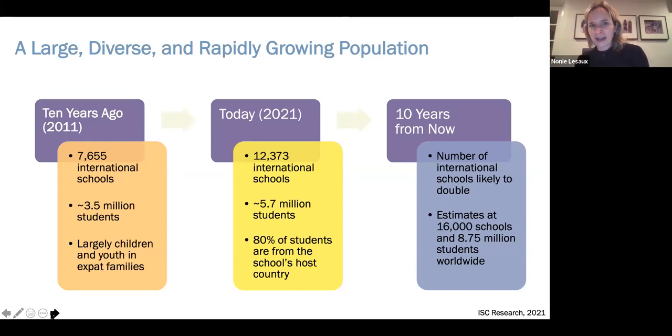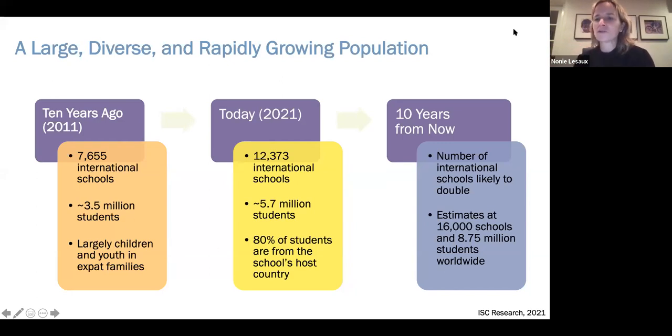Fast forward to today, we have more like 12,500 of those international schools. We have close to 6 million such students, and 80% of those students are from the school's host country. They are residents seeking this education.